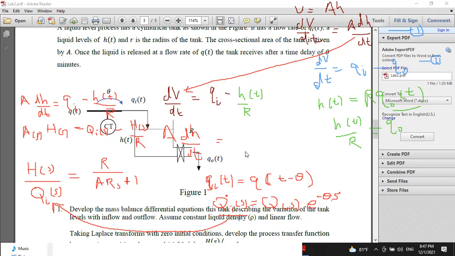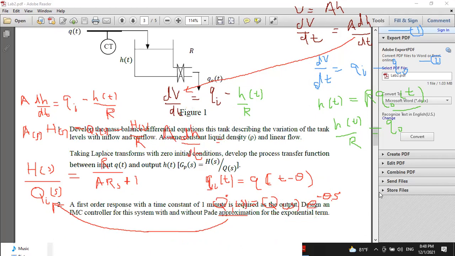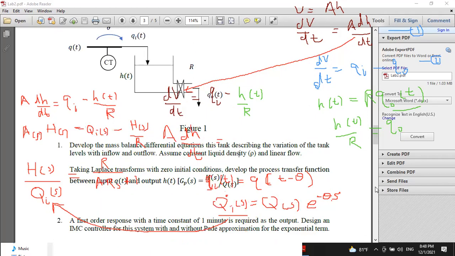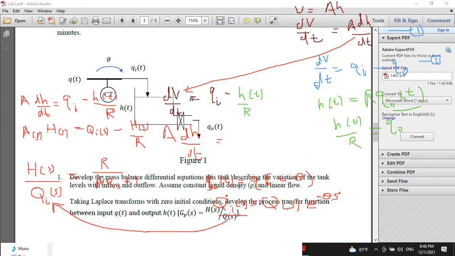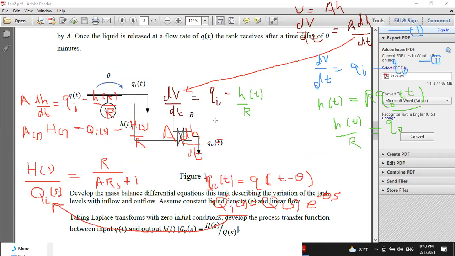Where shall I write it? I'll write it somewhere here. Yeah, I will write the final result of what you get from this here, right? What you get from here after you substitute here is hs over qs equal to, here now it's theta, right?